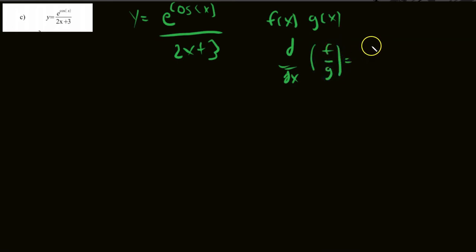is equal to the lower function left alone times the derivative of the top function. We need some more space here. Let's just go over here.